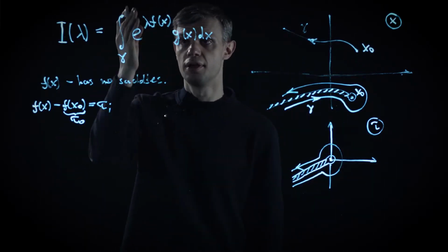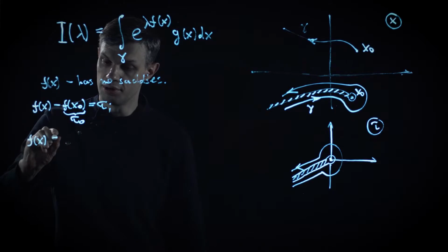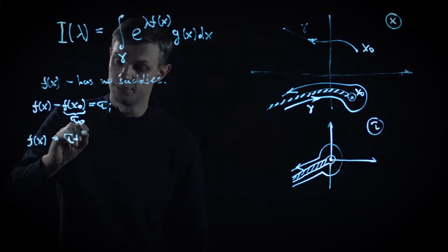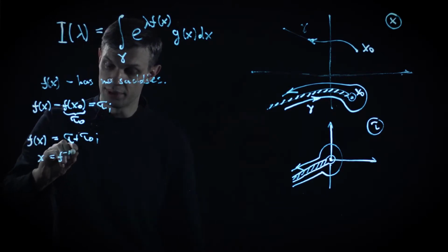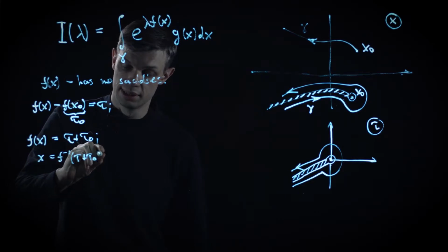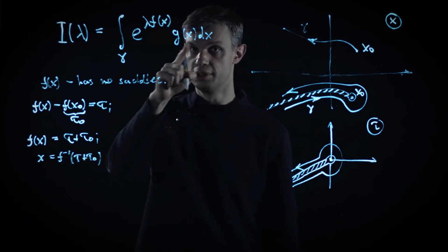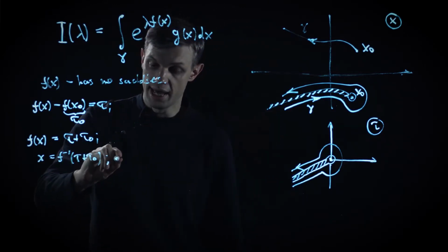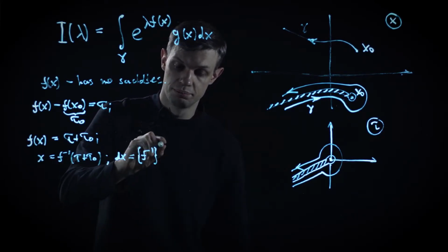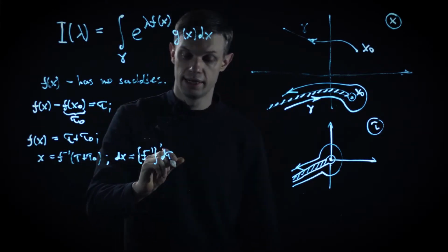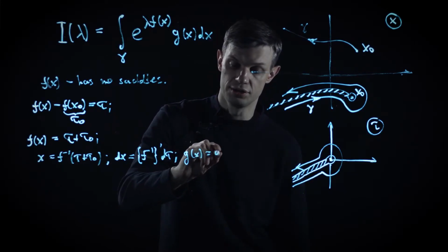Now let's see what's going to happen with the integral itself. f of x is now equal to tau plus tau naught, and x is f minus 1 of tau plus tau naught. Let's switch to this new variable tau. So dx is f minus 1 prime d tau, and function g of x is turned into a function g of tau.